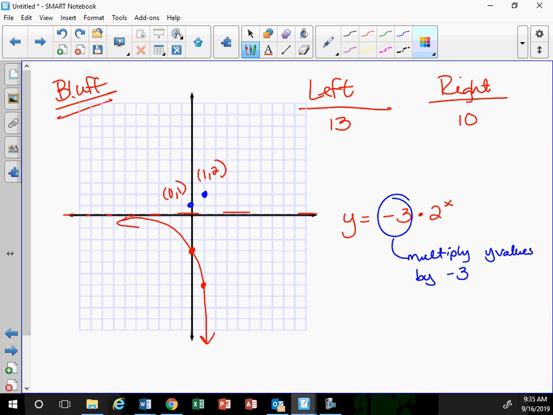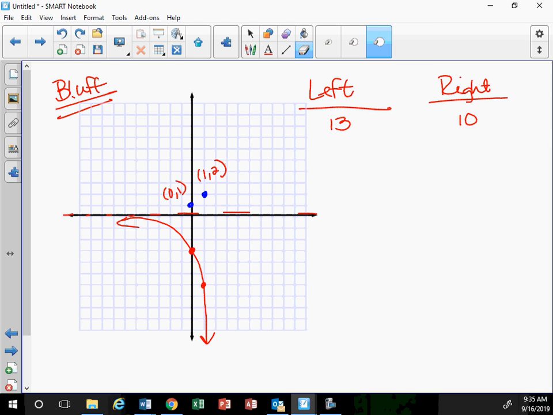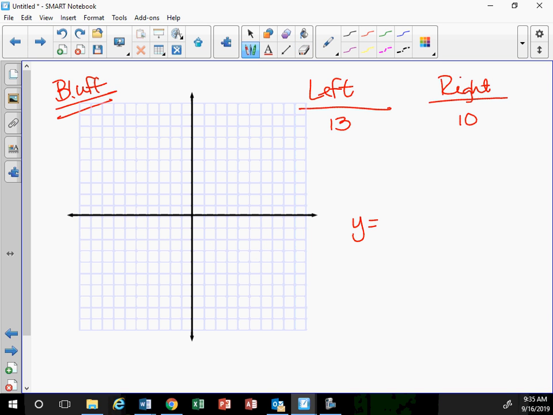We're going to do another one kind of like that, okay? So when the coefficient is out in front, you're multiplying those y values, okay? All right, so we're back to right side now, right?